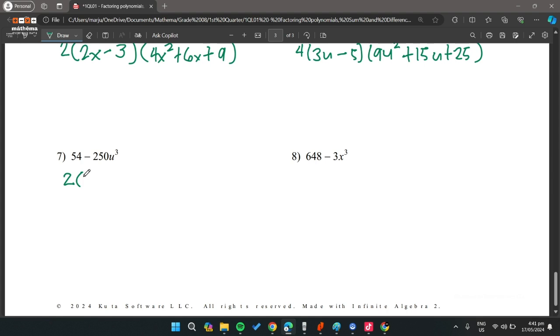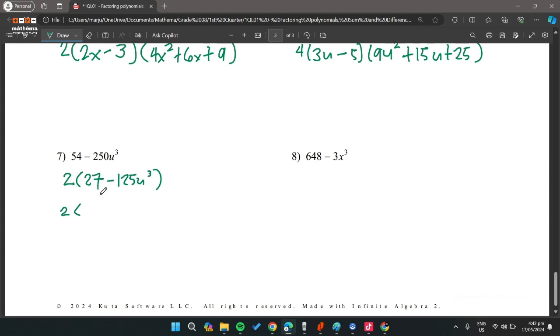This will become 27 minus 125u cubed. And then we're going to do the difference of cubes this time.